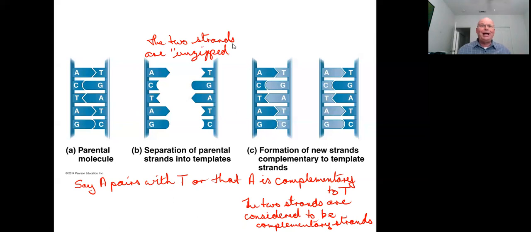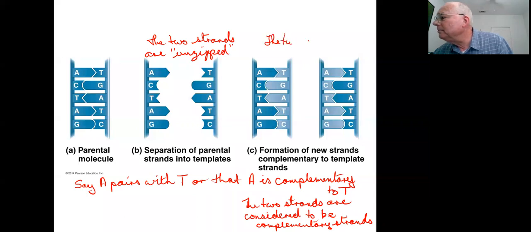We actually say that they are unzipped, because it's kind of like undoing a zipper. And then the two parental strands act as templates.